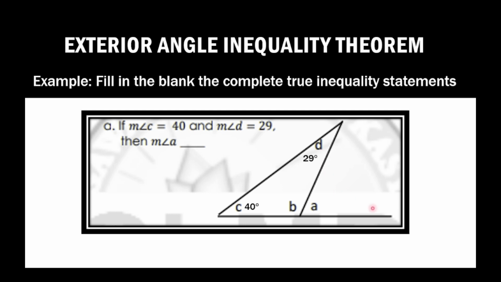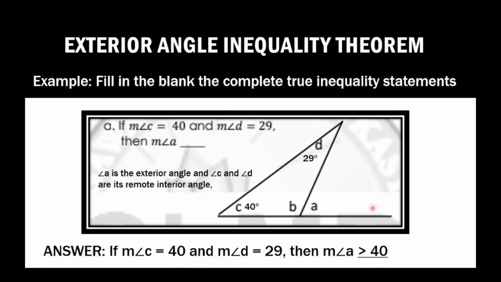Therefore, what will be our answer in the given statement? So angle A is the exterior angle and angle C and angle D are its remote interior angles. So the answer: if the measure of angle C is equal to 40 and the measure of angle D is equal to 29, then we can say that the measure of angle A is greater than 40.